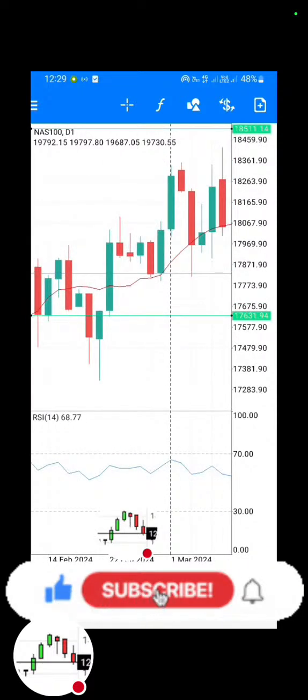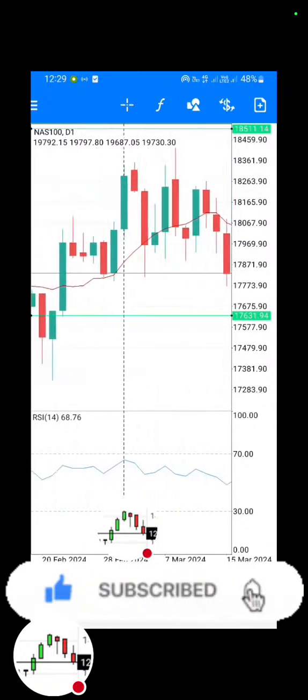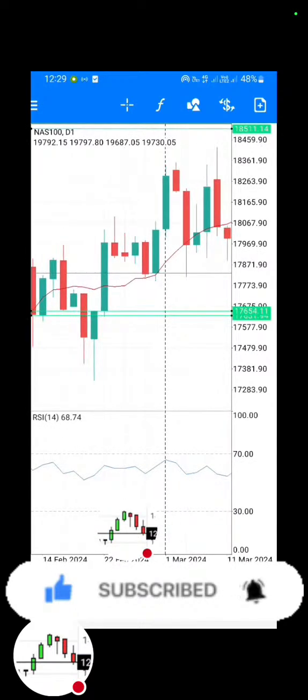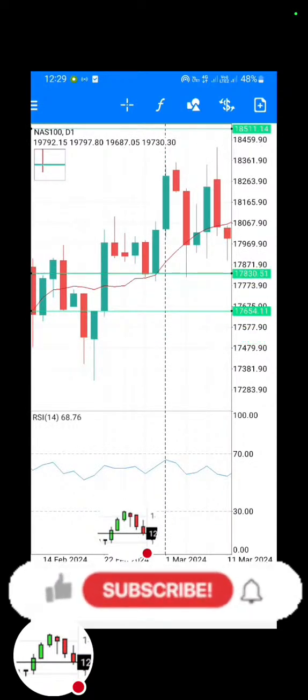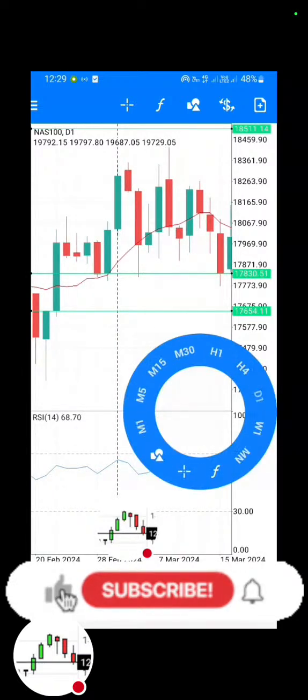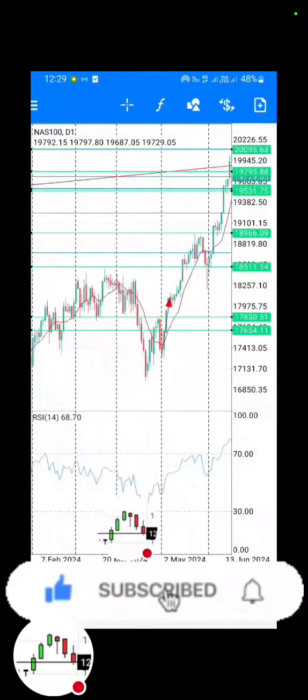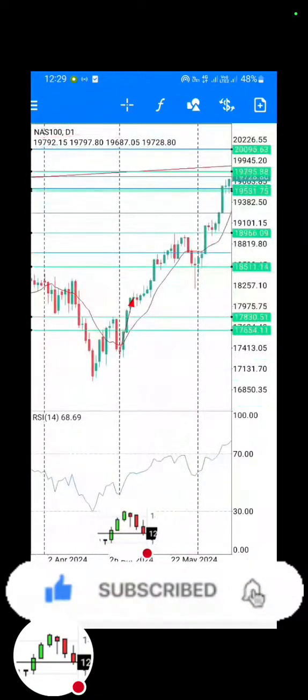Then after, you will place another buy around here. That is swing trading. You place another buy here and another one. When the market keeps going up, you place another buy.